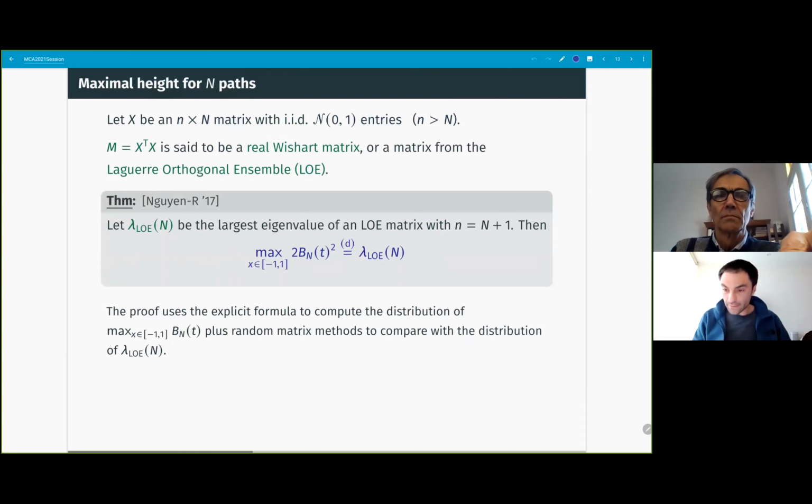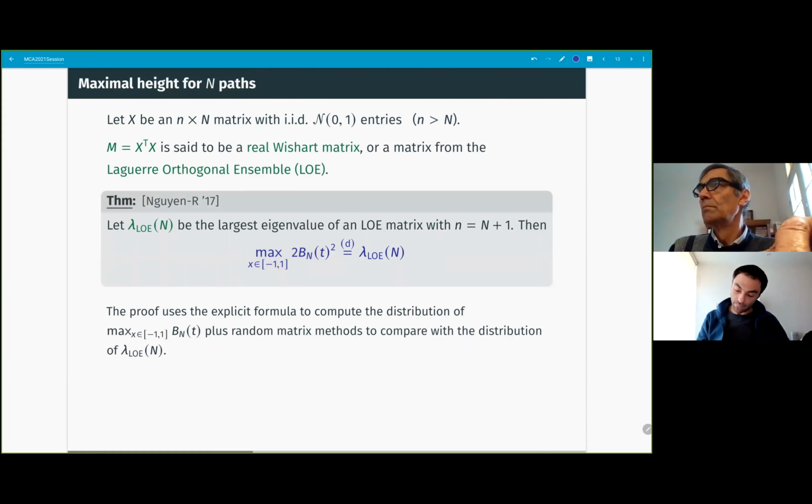It turns out that if you look at this maximal height, the one over here, it is related, without taking limits, to a random matrix quantity. It is really the largest eigenvalue. Well, there's a square here, but that doesn't really make much of a difference. It's the largest eigenvalue of another random matrix, which is really just a real Wishart matrix.